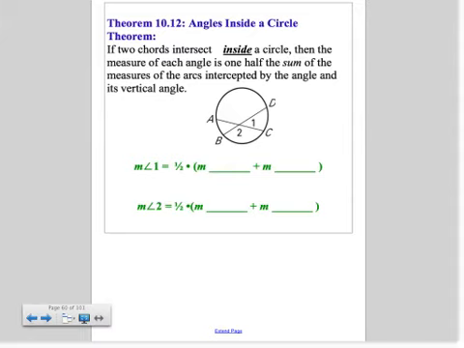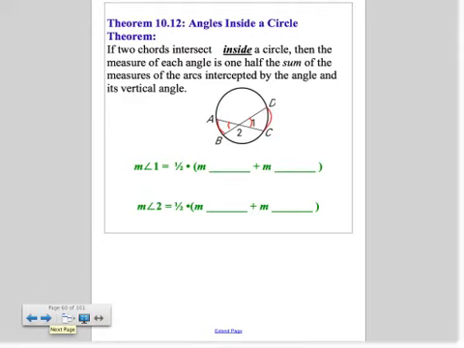Now this is a new theorem. There are two more theorems we're going to look at that are really different. This one says if you have two chords that intersect inside a circle, then the measure of each angle is 1/2 of the sum of the measures of the arcs intercepted by the angle and its vertical angle. This angle and this angle are congruent, so to find the measure of each of them, you average the arcs.